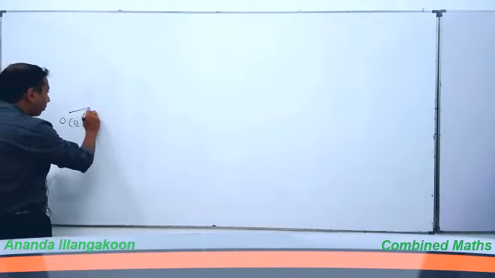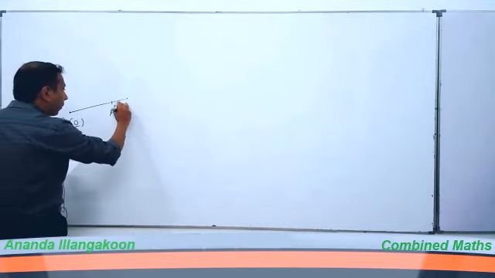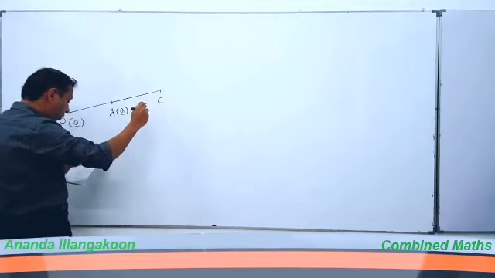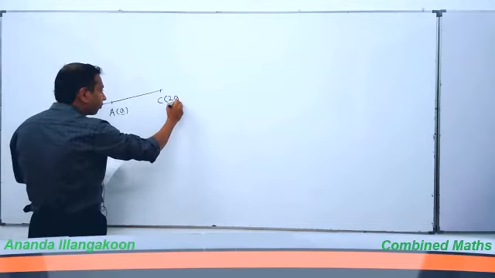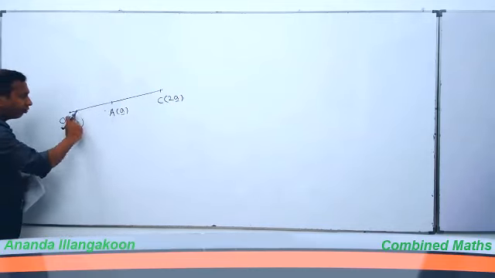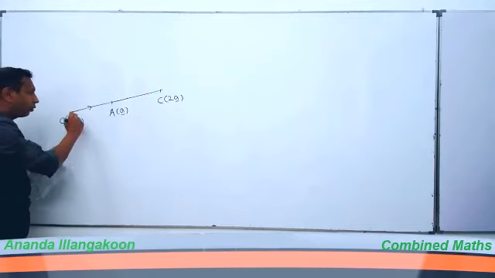Point A has the position vector simple A. Point C has the position vector 2 simple A. If simple A vector is OA vector, 2A vector means 2 times OA.